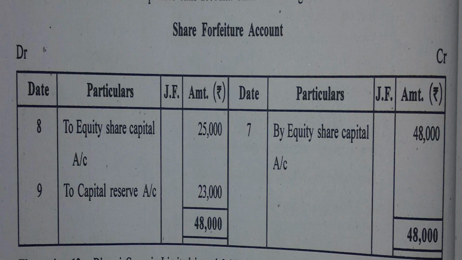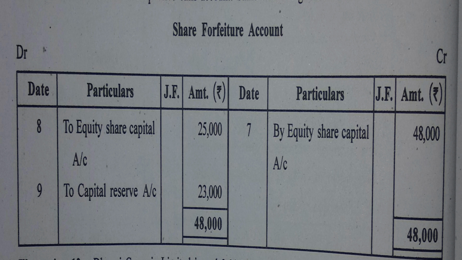So lastly, talking about the preparation of share forfeiture account. This is the format of ledger, debit, credit, share forfeiture account. You are supposed to post the journal entries which consist of this word in it.